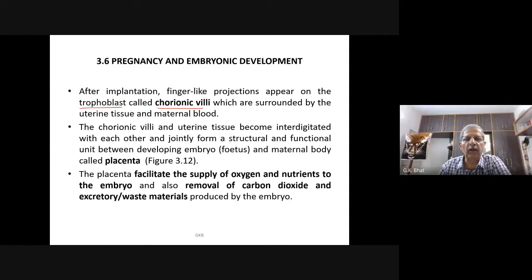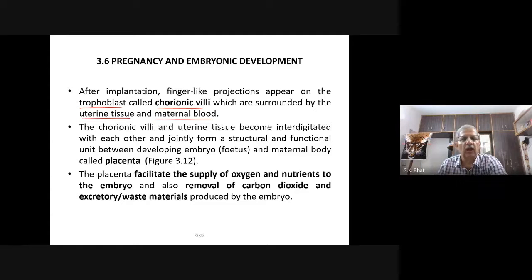The chorionic villi are always found surrounded by the uterine tissue and the maternal blood. That means the chorionic villi are actually dipped in the uterine tissue and in the maternal blood.